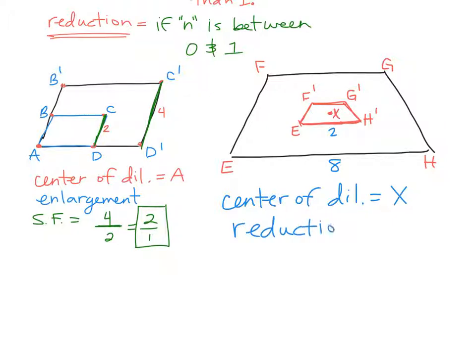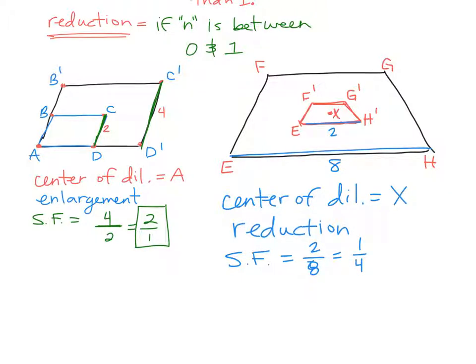So think about that with your scale factor. When it's a reduction, your scale factor has to be a number between 0 and 1. Okay? So that's a good check for you if you're doing the setup right. What would your scale factor be? Right, you would put the 2 over the 8. It's the image over the pre-image, and then reduce that.